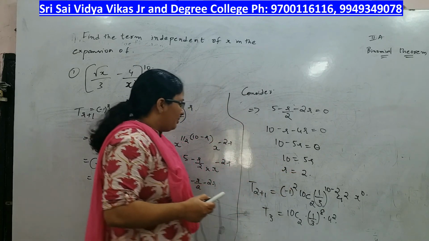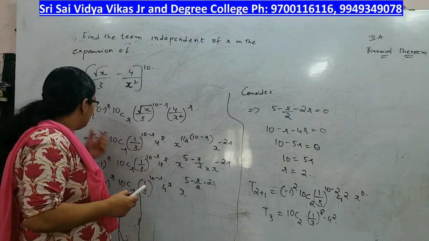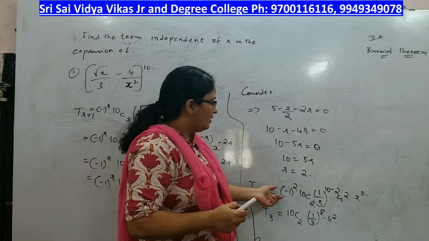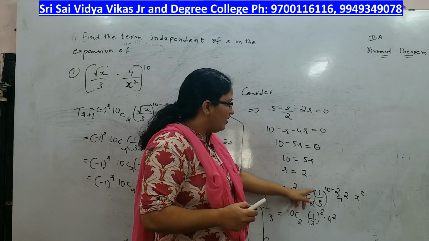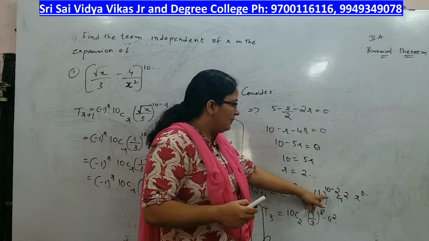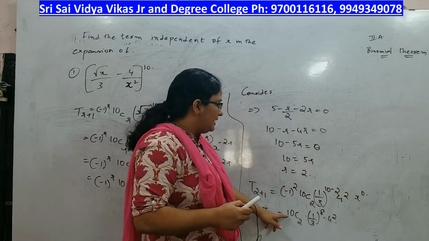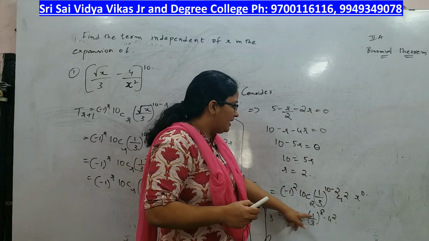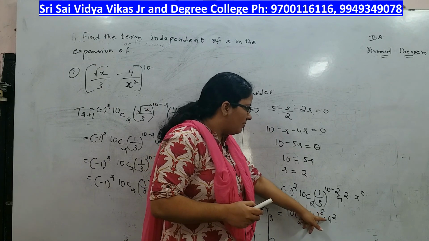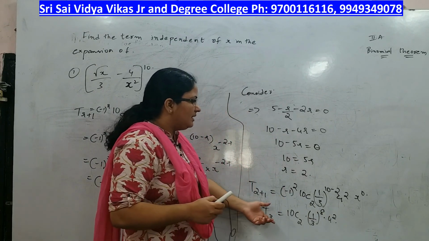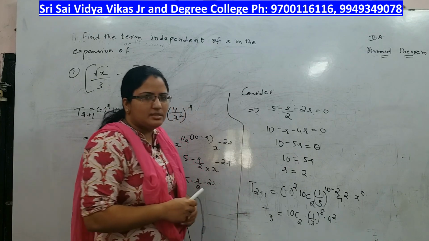So if you put r = 2 here, you get T(2+1) = (-1)^2 10C2 (1/3)^(10-2) 4^2 x^0, which is 10C2 (1/3)^8 4^2. This is the term independent of x.